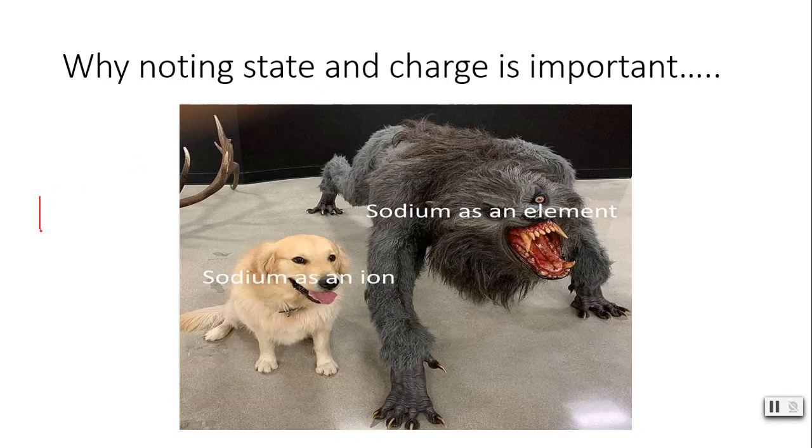For example, sodium. I think I gave this example maybe towards beginning of chapter 5 or something. Sodium as a solid metal, just plain old sodium atoms, is pretty reactive. Reacts violently upon water and oxygen. You know, it's not something you'd want to be playing around with in your kitchen. But sodium as an ion, something that has lost an electron, is very stable. This is the form of sodium that is in table salt, sodium chloride.